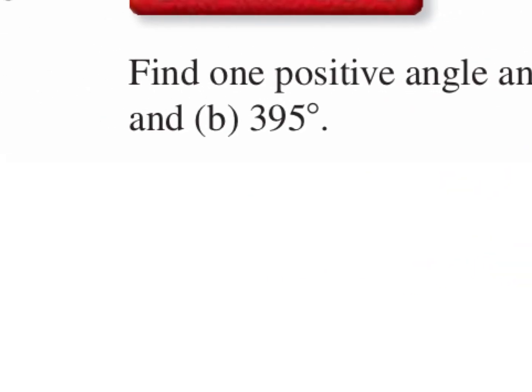So we want to find a positive coterminal angle first. What would I need to do to find a positive one? We can add 360. So what's 395 plus 360? 755 what? Degrees. Well, let's see. What would I need to subtract from 395?